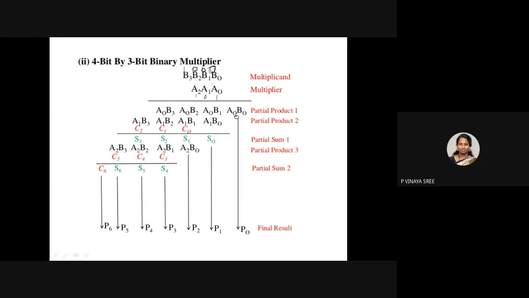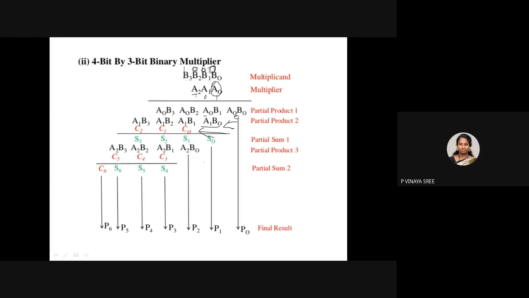This has to be multiplied with A0, and A0 will be common, because this has to be multiplied. So A0B0, A0B1, A0B2, and shift it. For the next one, A1B0, A1B1, A1B2, A1B3. Next, again it has to be shifted one bit. Next is A2: A2B0, A2B1, A2B2, A2B3.